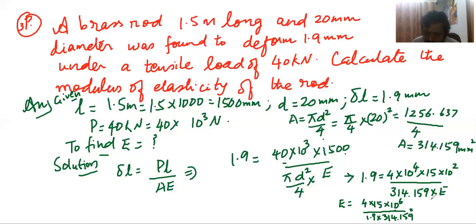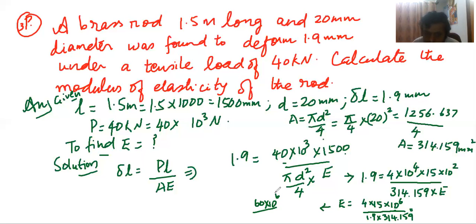So that will be 4 into 15 is 60 into 10 power 6. So capital E is 60 into 10 power 6 upon 1.9 into 314.159. We just calculated the numerator and denominator separately.